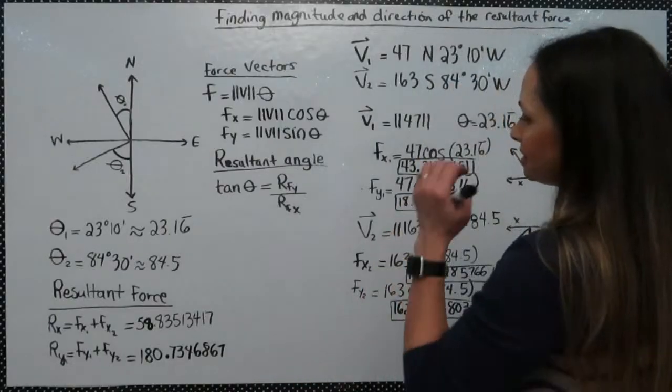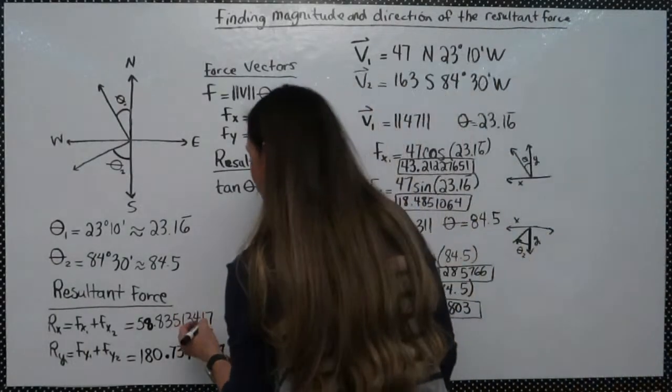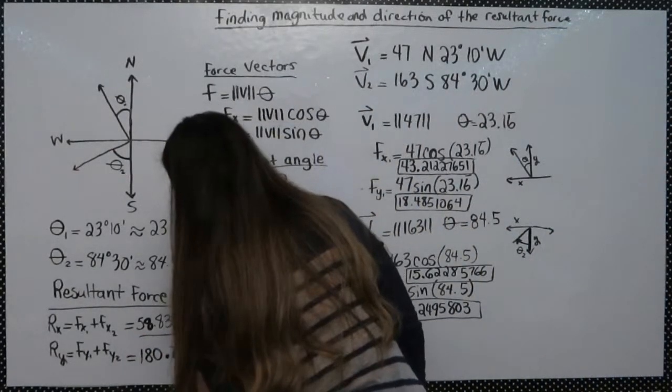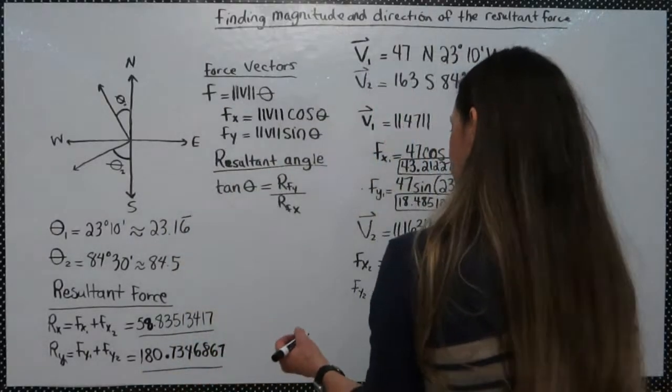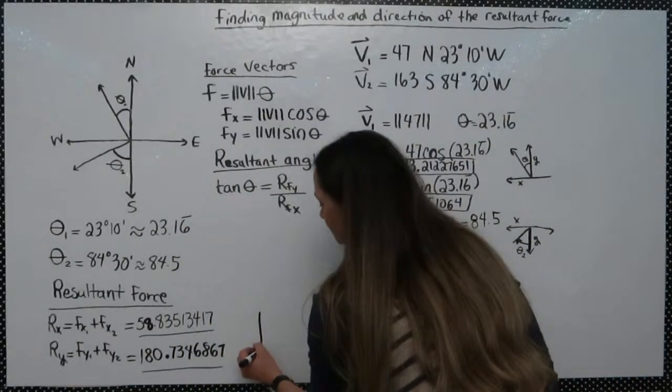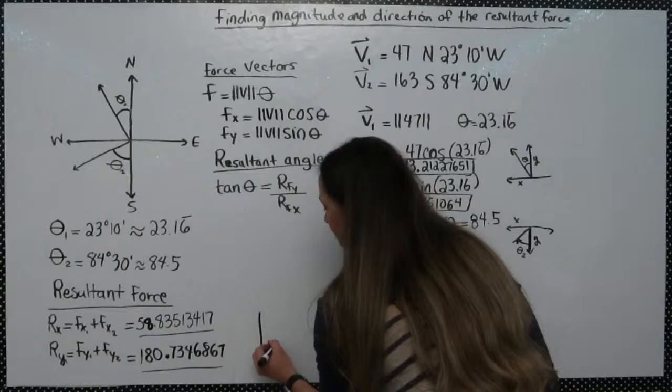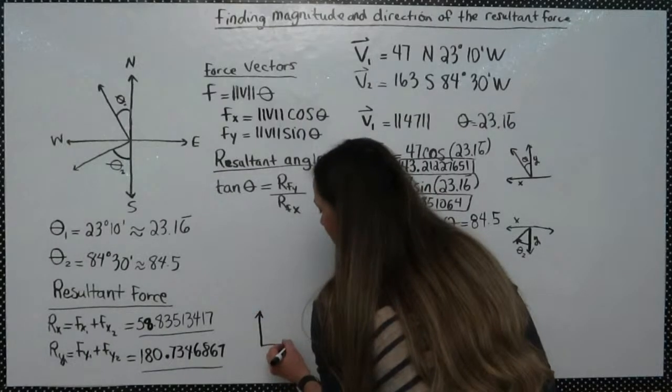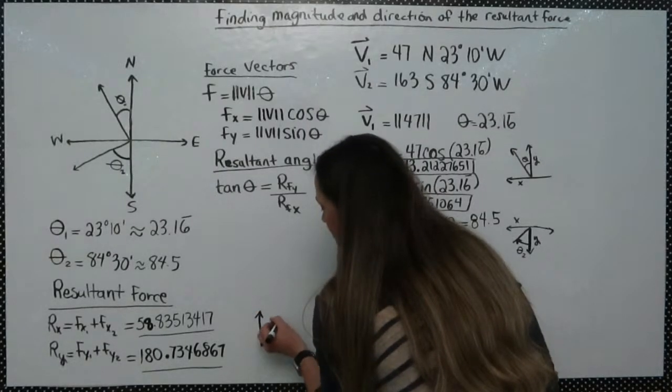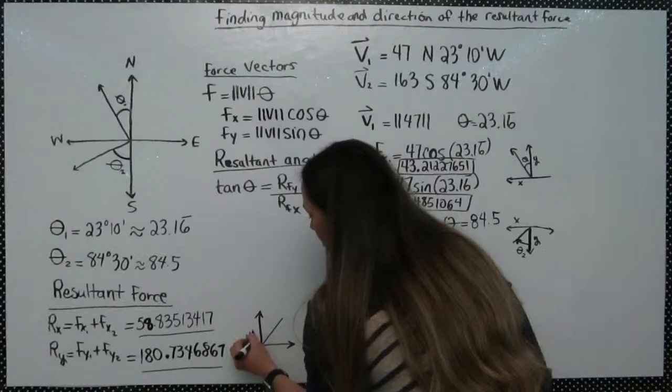All right. So since we have these values, we are now going to plug into, because we have an x component and a y component. And so this is the y and this is the x.